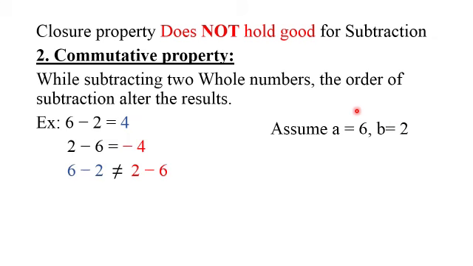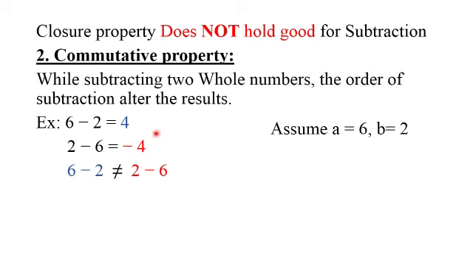We are going to check A minus B as well as the interchanged value B minus A. Since we have learned the commutative property, we check whether A minus B is equal or not equal to B minus A.